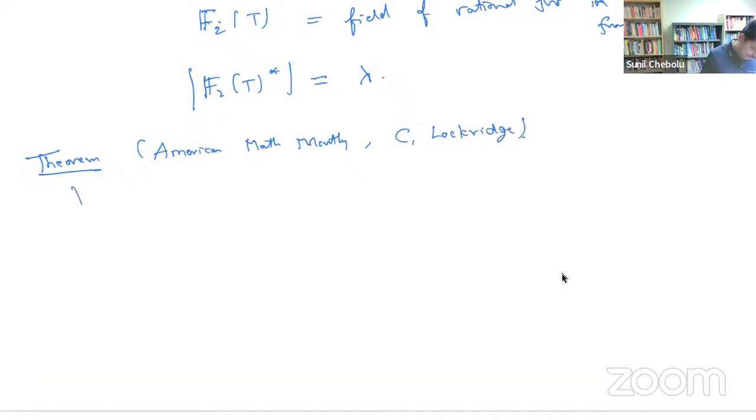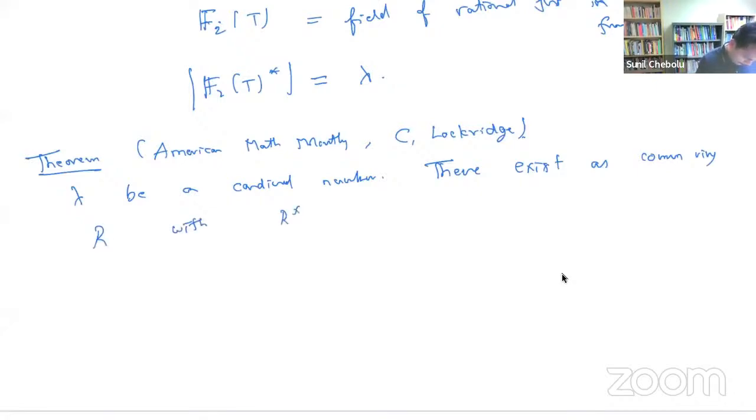So let lambda be a cardinal number, any cardinal, finite or infinite. There exists a commutative ring R with R star equals lambda if and only if lambda is one of the following.